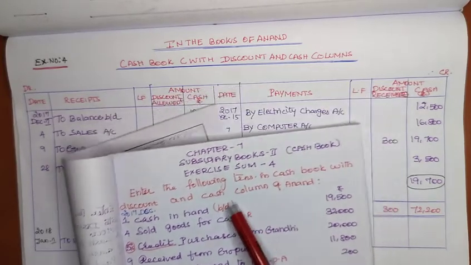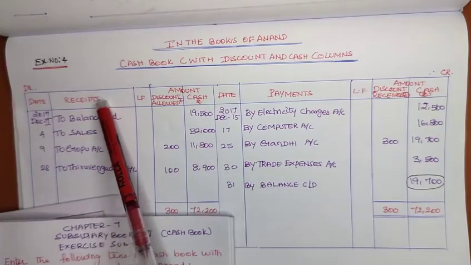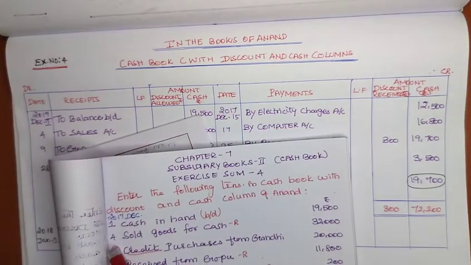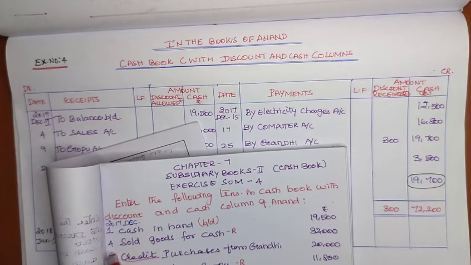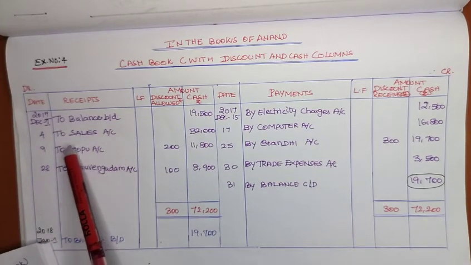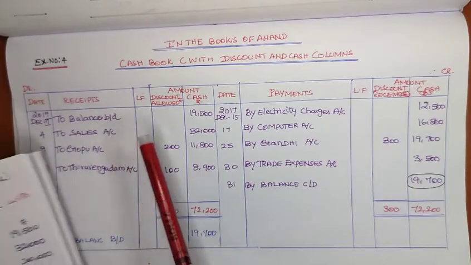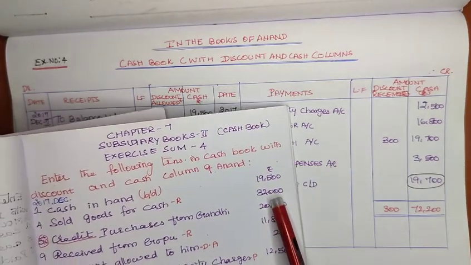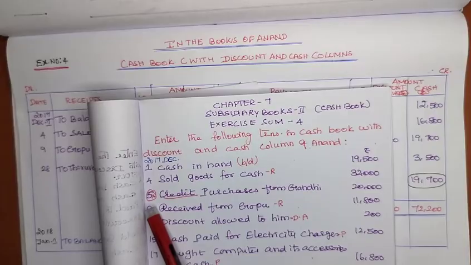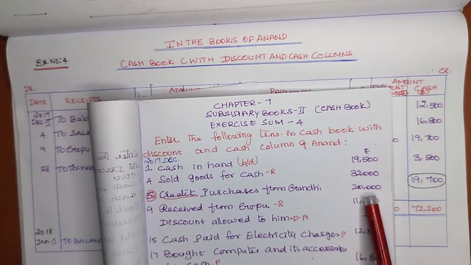So you go to the debit side, which means the receipt side, dated December 4. What is the opposite account from the cash account? Sales account. So you write To sales account, because we always start with the word To on the debit side. How much? 32,000.